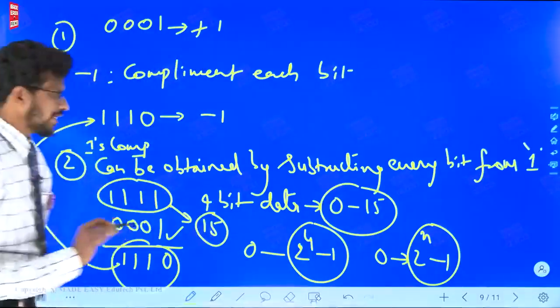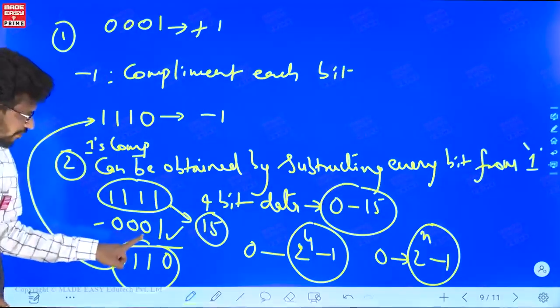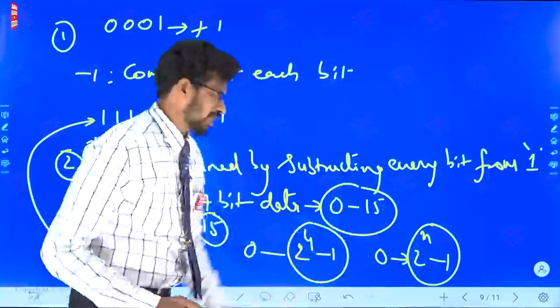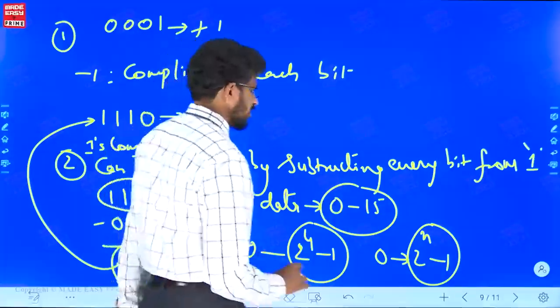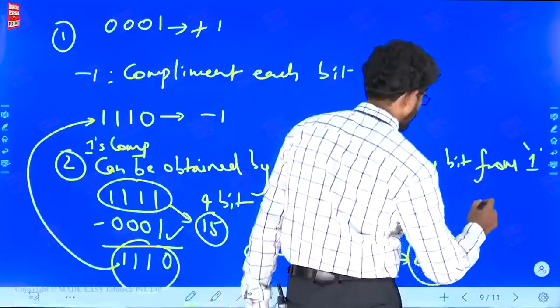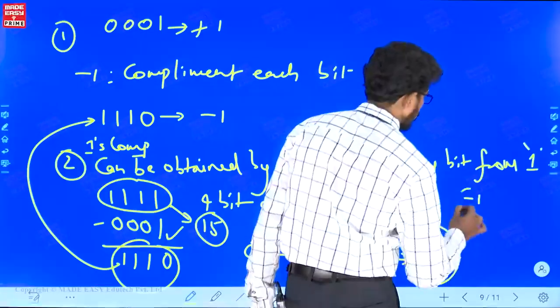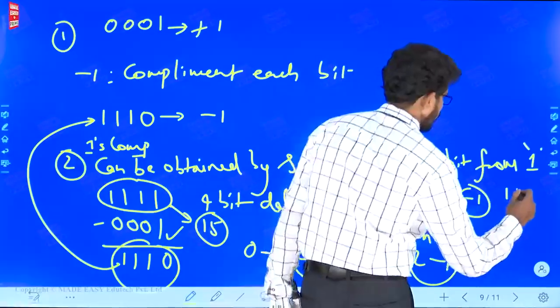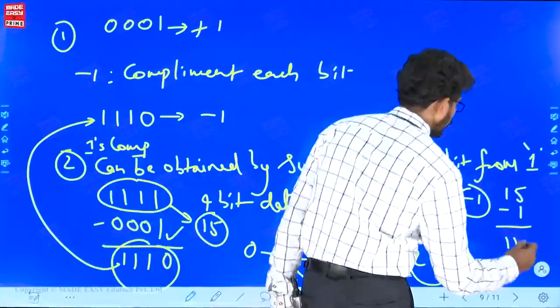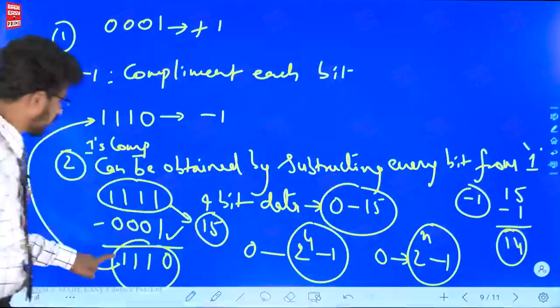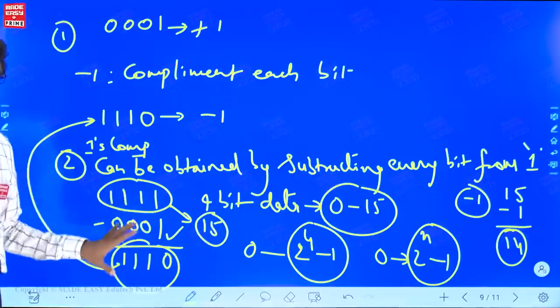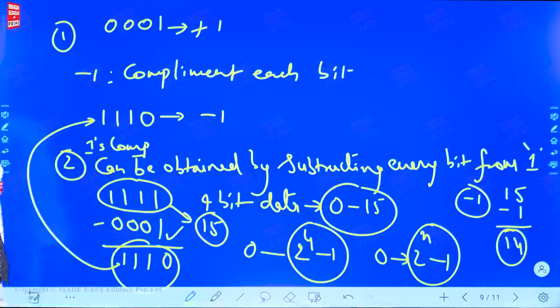So to get the 1's complement, you subtract the data from 2 power n minus 1. For 4 bits, it is enough to subtract from 15. So I want to have minus 1: subtract 15 minus 1. What's the value? 14. 14 is 1110. That is how we can get the 1's complement technique.